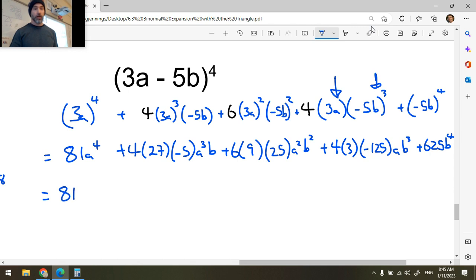Equals 81 a to the 4 plus 4 times 27 is 108. 108 times negative 5 is, again, I wrote plus, bad habit, minus 540 a cubed b plus 6 times 9. 6 times 9 is 54. Let's do it the other way. 6 times 25 is 150. 150 times 9 is 1350.